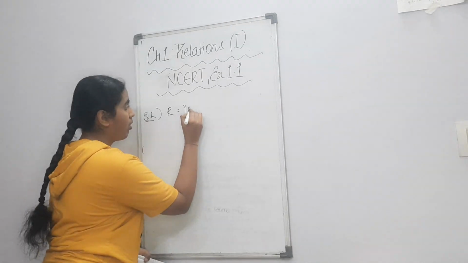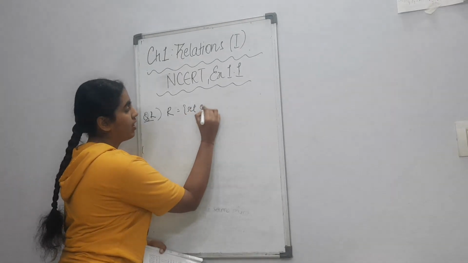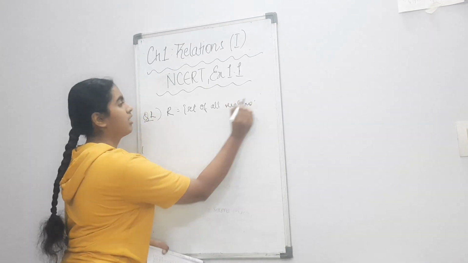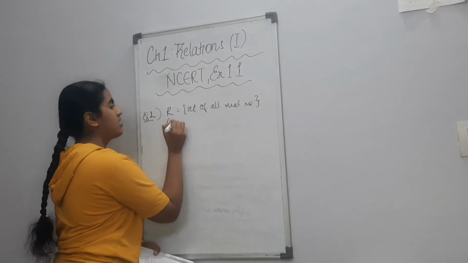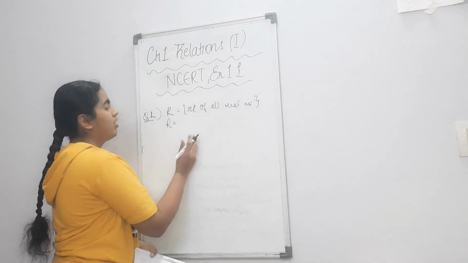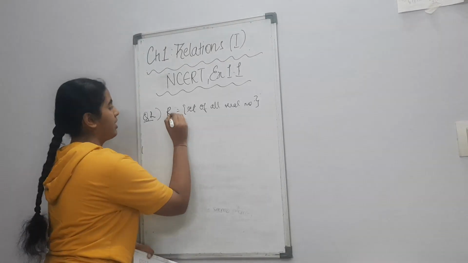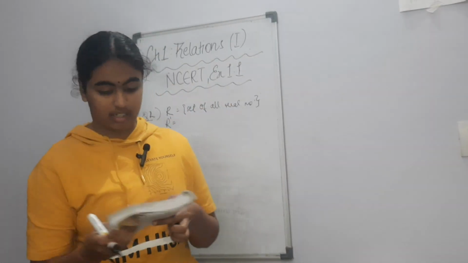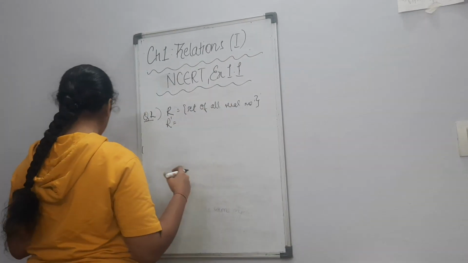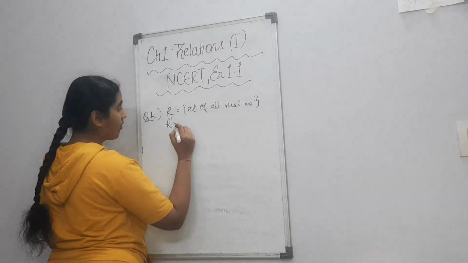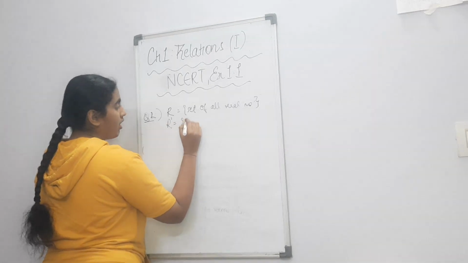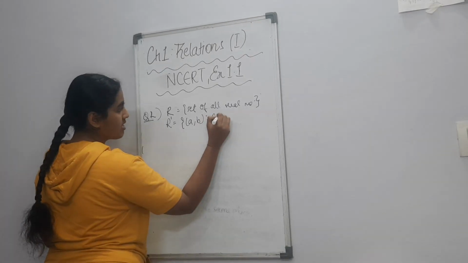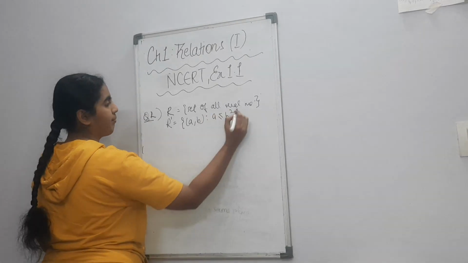R is the set of all real numbers, and R is also our relation. For the sake of simplicity, I will be taking this as R dash so you don't get confused. Now, what is our relation? Our relation is (A, B) such that A is less than or equal to B squared.